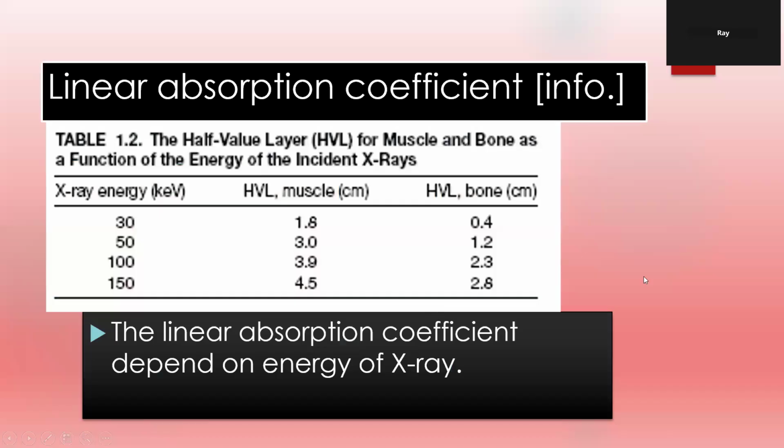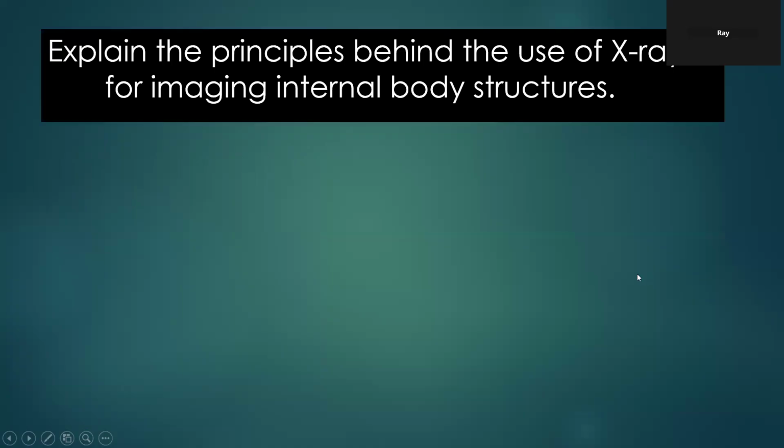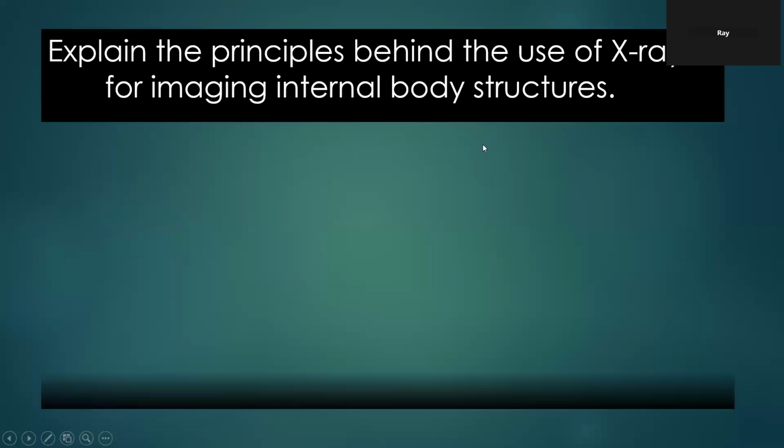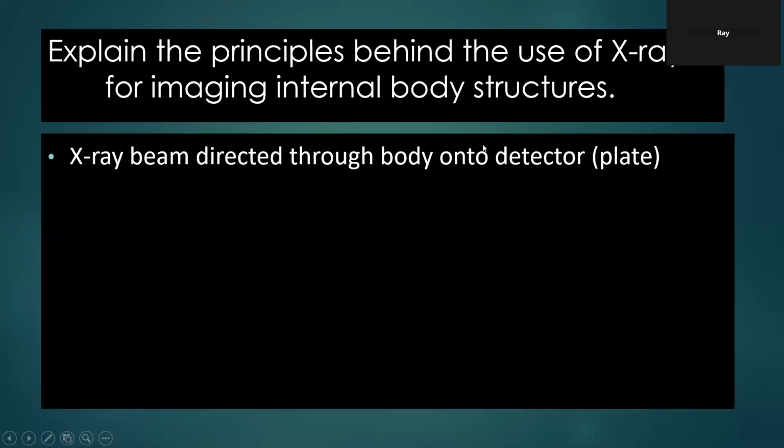Okay, this is just for info. Explain the principle behind the use of X-ray for the imaging of internal body structure. Memorize. The X-ray beam is directed through a body onto a detector. The detector is usually a plate.